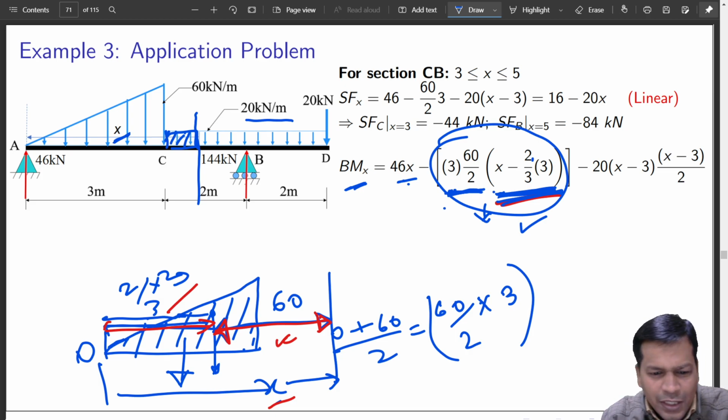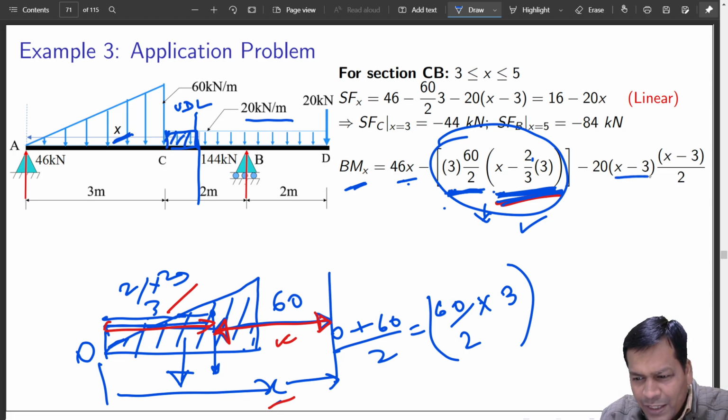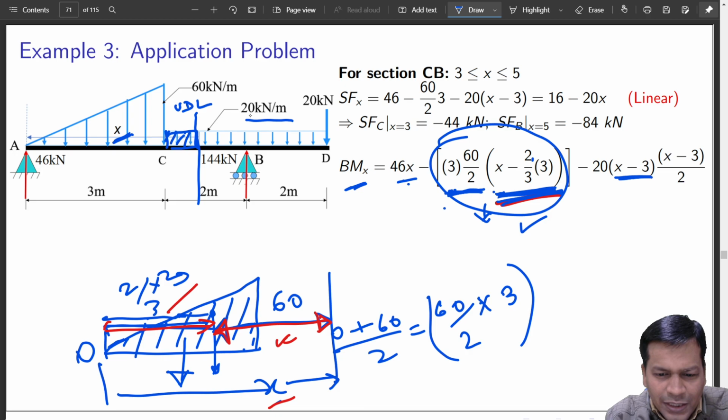So if this is x, from here to here, the UDL, uniformly distributed load, is x minus 3 distance. So 20 into x minus 3 is the total load that is acting downwards. And where is it acting?